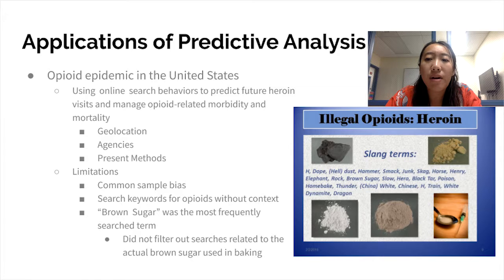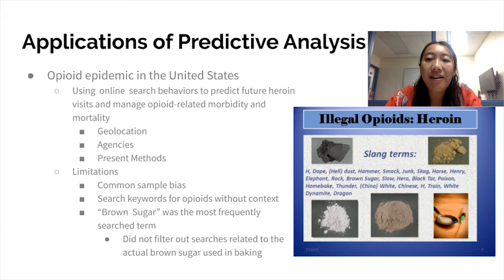Agencies like the Department of Health and Human Services have used new methods that use real-time, low-cost predictive analytics to aid as potential solutions in addressing the opioid crisis in the United States. Some present methods, like social media and internet data, are very useful to extract information about public opioid-related intentions and behaviors.